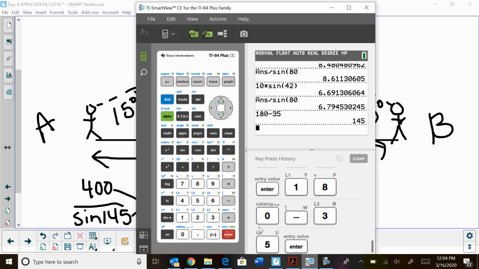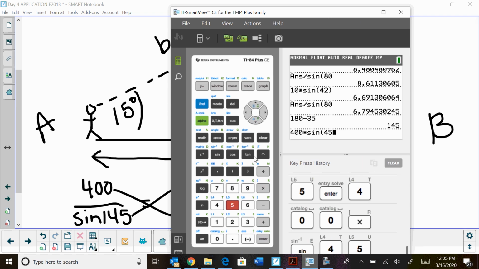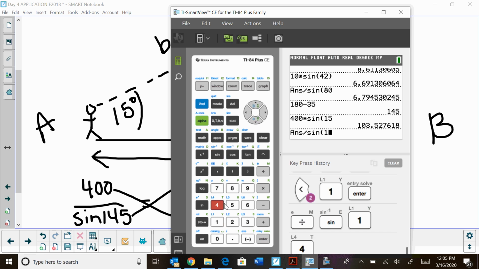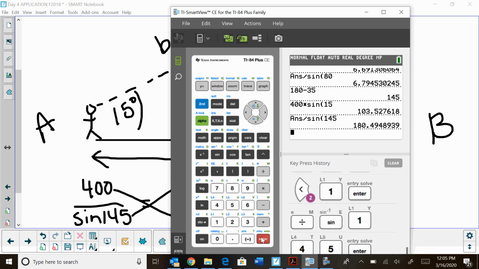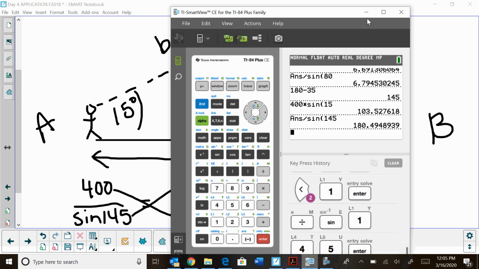So when I type in my calculator, I'm taking 400 times the sine of, that's not 45, it's 15, excuse me. Let's back that up, make that 15. Okay, and then I'm going to divide that by the sine of 145. And that gives me 180.5 feet.